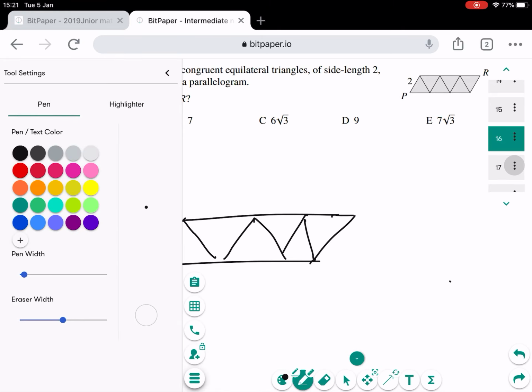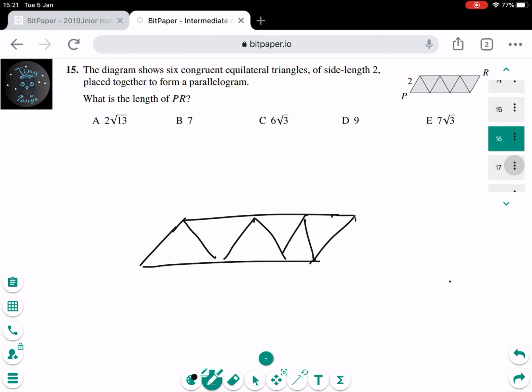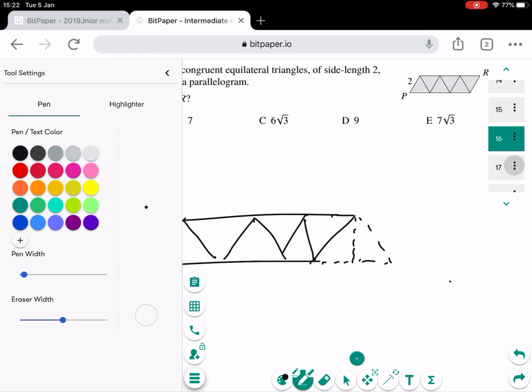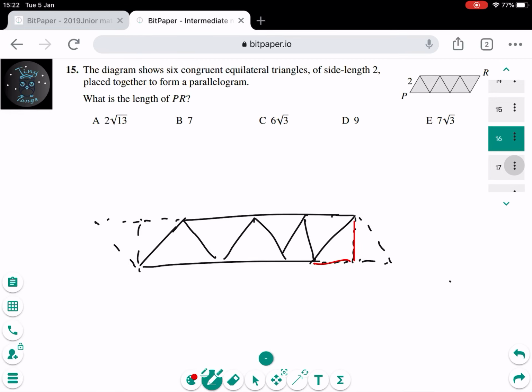What you really need to do here is you can add on this bit, which is the half of another triangle, and you can add on this half bit, which is the half of another triangle. So we'll get a square after this. So yes, that's a rectangle. Sorry, I'm not knowing my shapes.